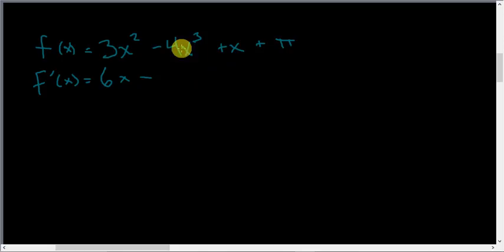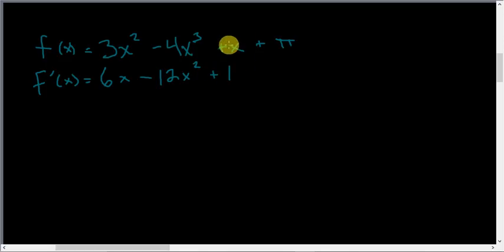So this is minus 12, right? Negative 4 times 3, x, and then minus 2 for this one, so we get 2. The derivative of this is just 1.